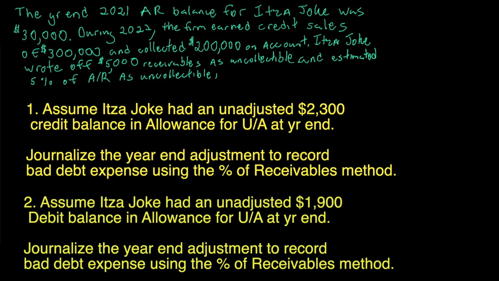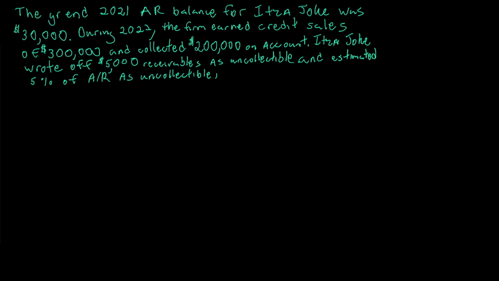And the second requirement is assume that It's a Joke had an unadjusted balance of $1,900 on the debit side of the allowance for uncollectible accounts at December 31st, and they want you to make the journalized adjusted estimate as well. And so before we dive into this, let's always identify the keywords, gang, of this illustration.